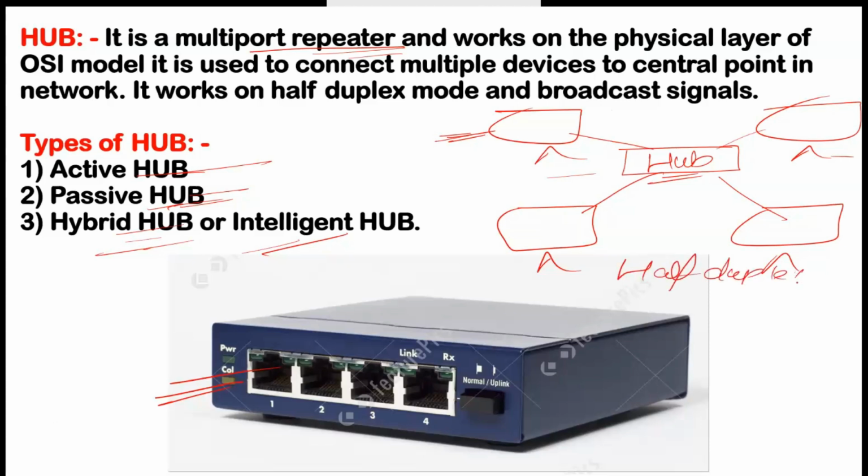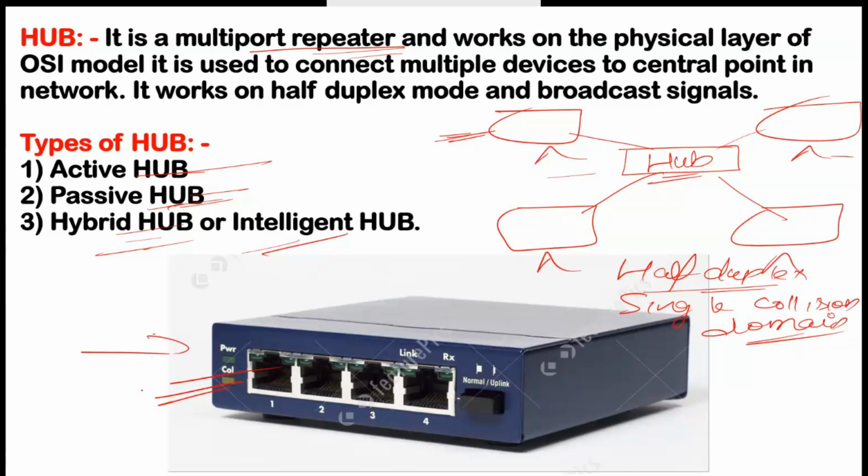Second thing, it has only a single collision domain. Now, collision domain means what? The pathway by which your data will transmit from one port to another port internally in the hub.